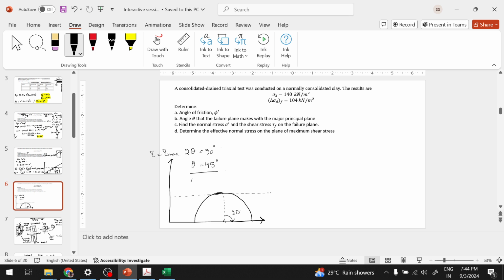In this case, our phi will be 0 degrees. Determine the effective normal stress. Now we need to determine effective normal stress. So sigma dash will be sigma 1, it will be the same, but now the theta will be different.